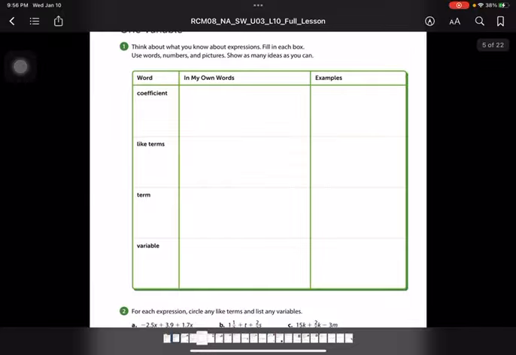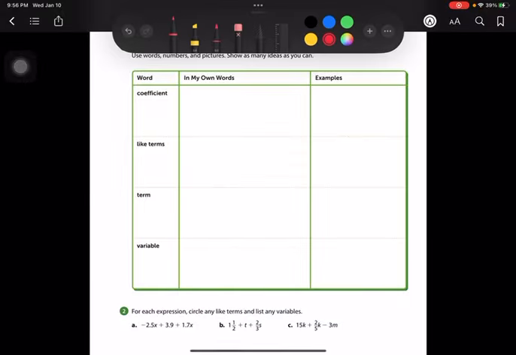All right, so I'm going to give you the examples, and I want you to go and write these in your own words. So if we have 3x plus 2 plus 5x as an example, I want you to write down what you think the coefficients are in your answer.